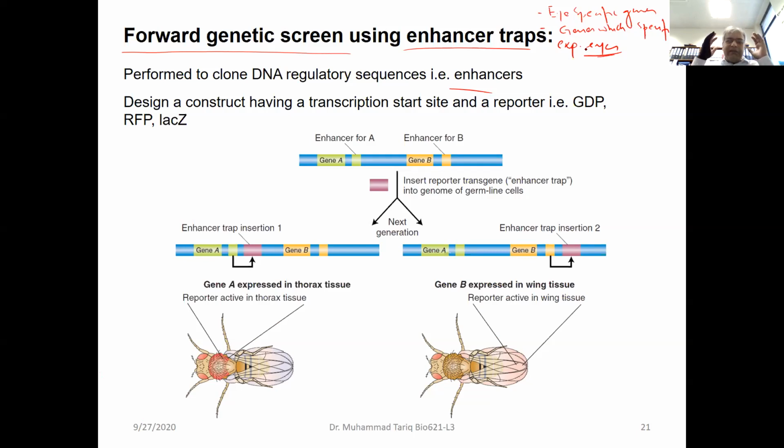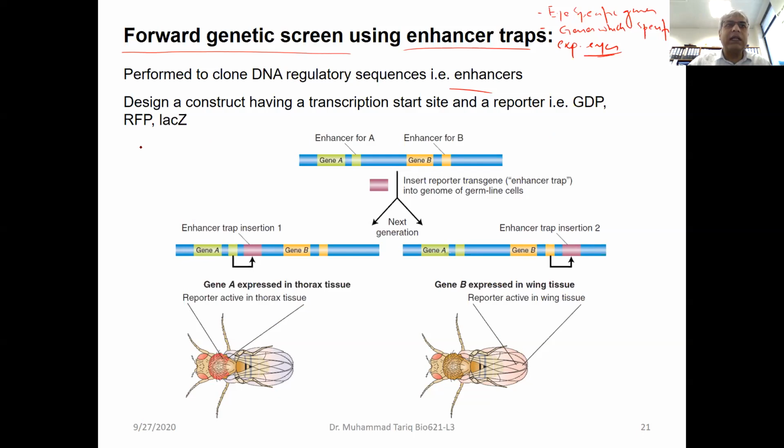Because when we say eye-specific genes, it means these genes are very specifically expressed in eyes. And you know, gene expression is regulated by specific cis regulatory regions, which are called promoters, enhancers, etc.